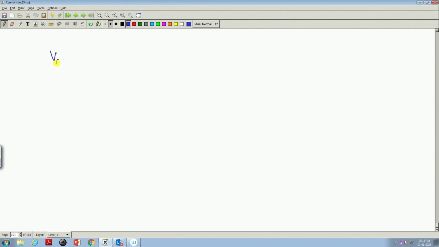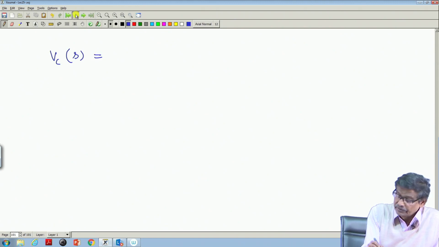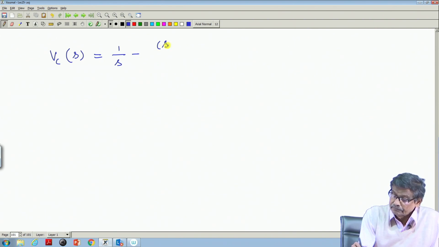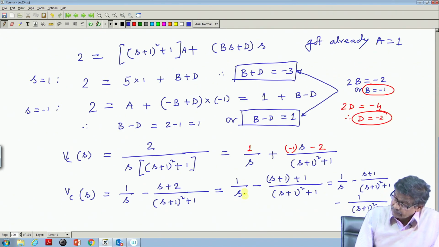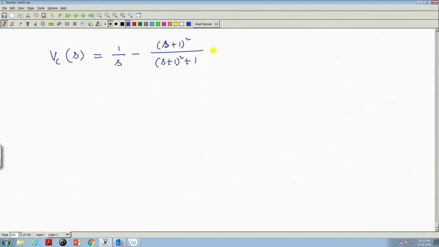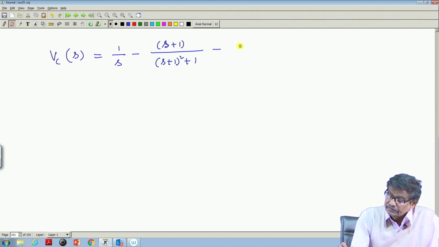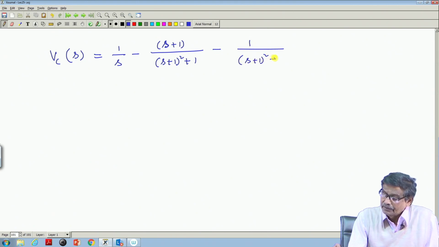Therefore, we have got, next page, let me do it slowly. So, I have got VCS to be equal to, you just see, 1 over S, then minus this term S plus 1 divided by S plus 1 whole square plus 1, minus 1 over S plus 1 whole square plus 1.